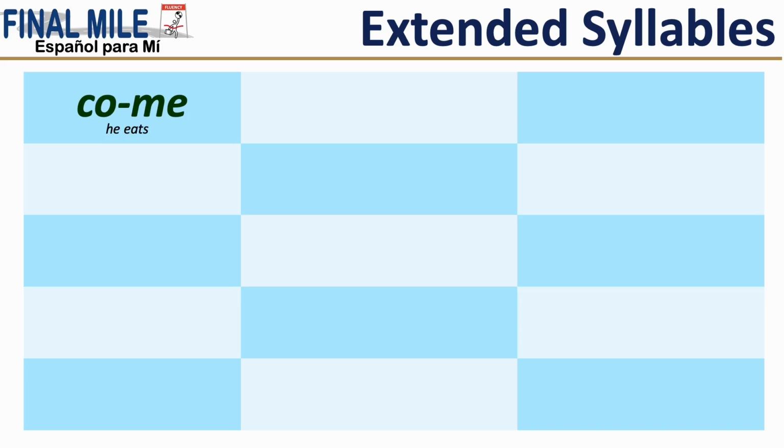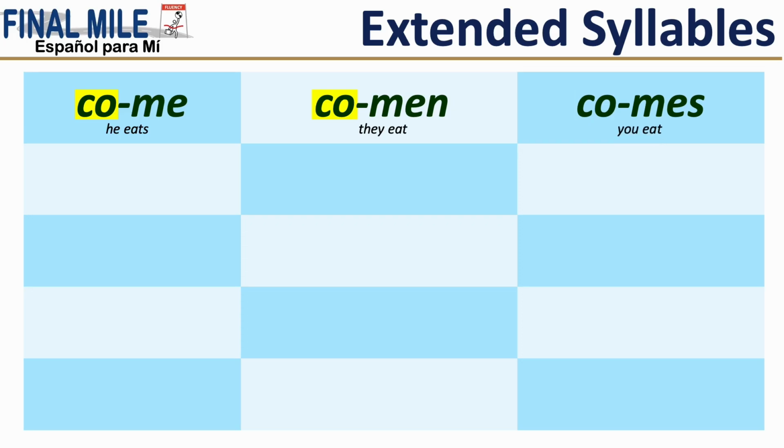Okay, we are still practicing the pronunciation emphasis rules, okay? Come. You have to figure out on your own. I give you a second or two before I click on the highlight, which shows us which syllable has pronunciation emphasis. Comen. Comes.